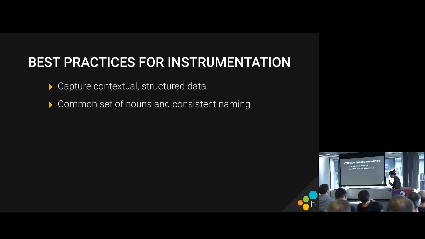Establishing a common set of nouns, consistent naming. We talked a couple times already about the nouns your business might care about, maybe customer ID, maybe shopping cart, whatever. But establishing that common set of nouns across your engineering team and nailing a naming pattern will just make your life easier so that you're not trying to figure out why one person used app underscore ID over here, another person used app camel case ID over there, a third person used application dash ID in a third place.